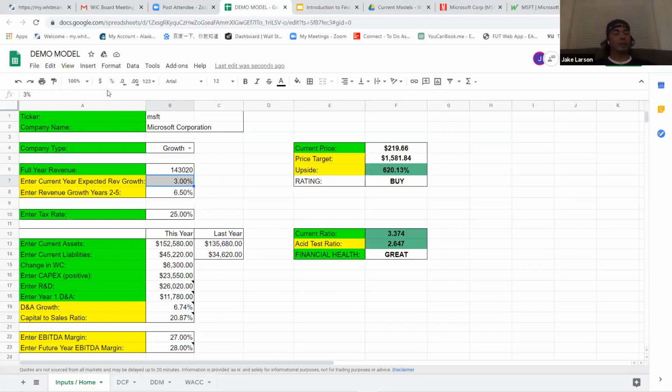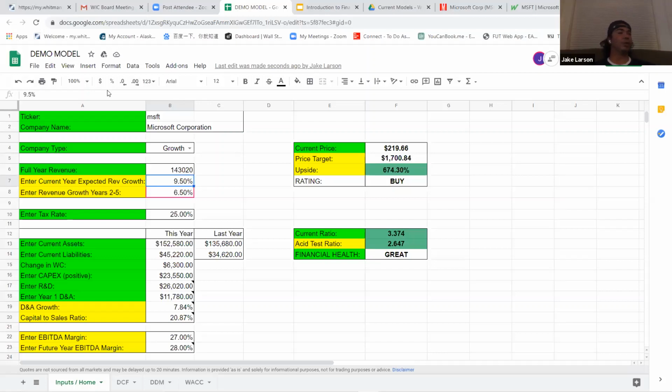And this next one, enter revenue growth for the next 2 to 5 years. This is again where your analyst ability comes in. From your knowledge of the company, you estimate what you think they're going to grow at for the next 5 years. A lot of times on Morningstar, the analysts will give you their opinion on what this value should be, and you can either agree with it or go on the upside or downside.